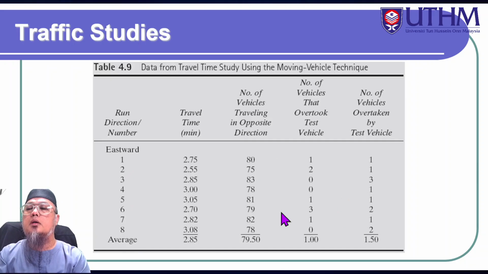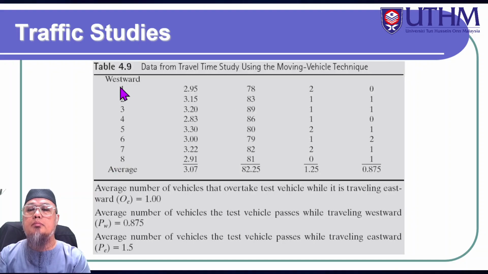Okay, these are the overtaking vehicles and the number of overtaking vehicles by the test car. These are the vehicles that overtake the test car. This one is the test car overtaking other vehicles. This is from eastward or eastbound, and the other is westbound.